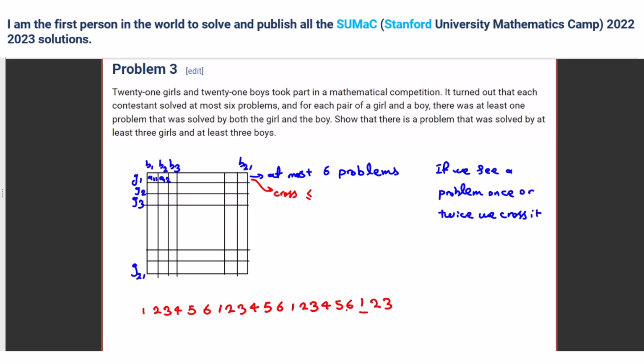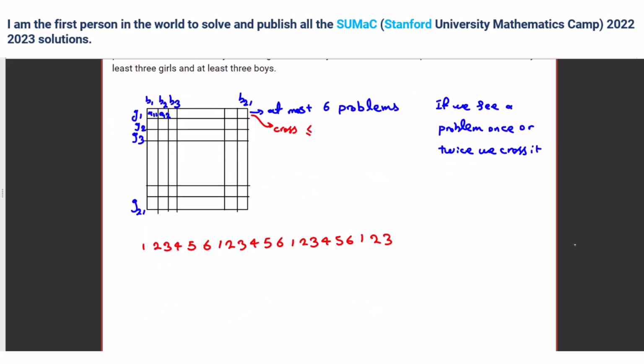So here, because each problem appears at least 3 times, we won't cross any of them. But for example, maybe you say 1, 2, 3, 4, 5, 6 then 2, 3, 4, 5, 6, then 5, 6, 1, 2, 3. Here we cross which numbers? This 1, this 4, this 5, and so on.